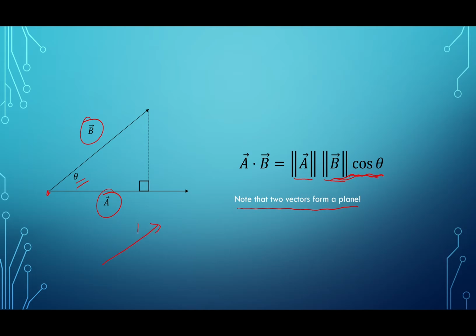We have vector B, and another vector that is projected onto A, whose length is defined by B cosine theta.